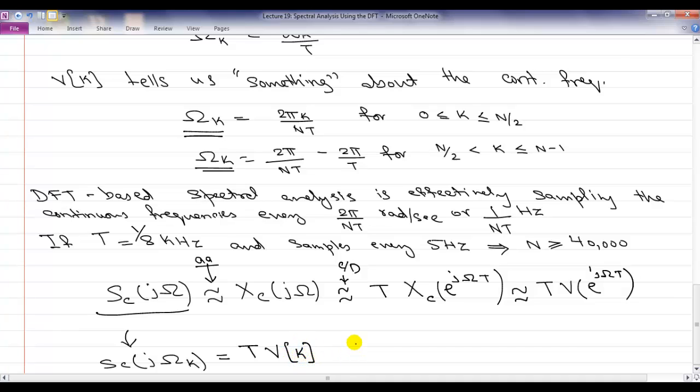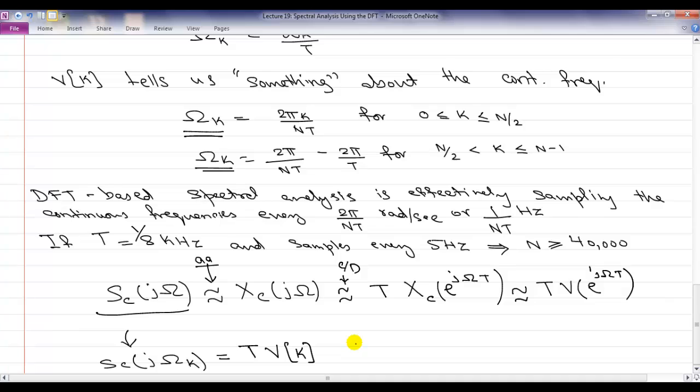Okay? You just take your DFT that you computed, multiply it with your sampling period, and you get a sense of how the continuous frequency behaves at that value. What does that continuous time Fourier transform look like at that value?